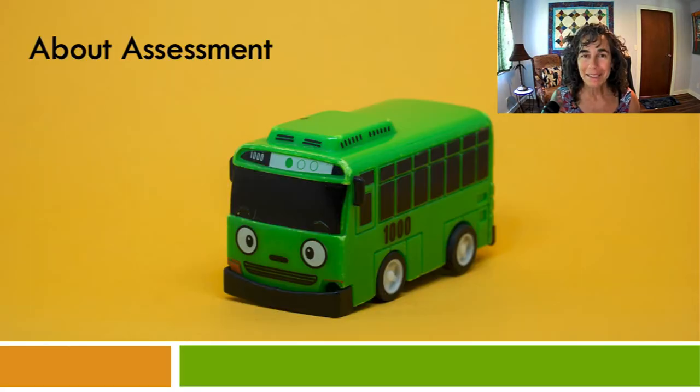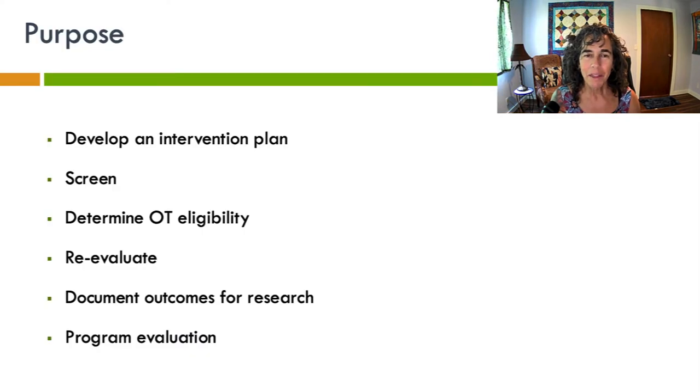So about assessment. The purposes of an assessment are many. To develop an intervention plan. So if we don't know how a client is functioning, we don't know what we should do to help, right? We can also use assessment to screen, and a screen is a little short assessment.